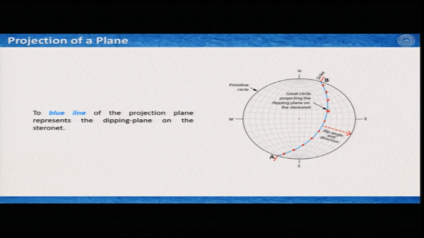We have connected these points through a curve, and this curve is the projection that represents the dipping plane on the Stereonet. And the dip angle is this one. How to read and interpret all these features, we will learn later.